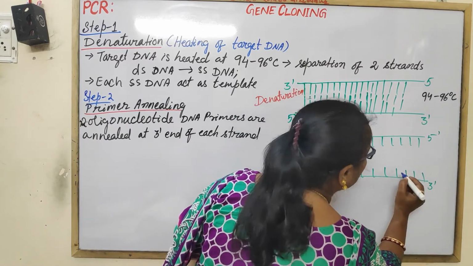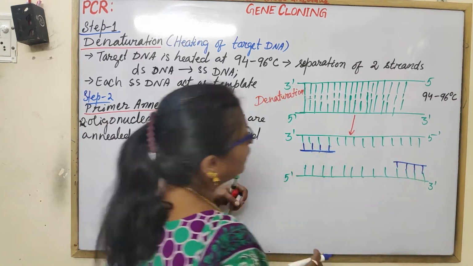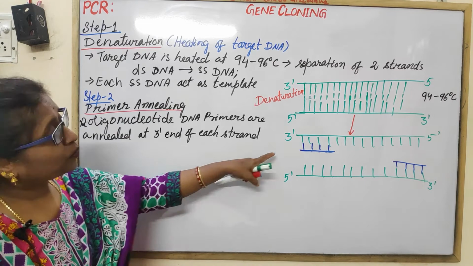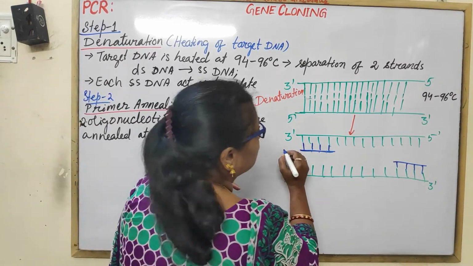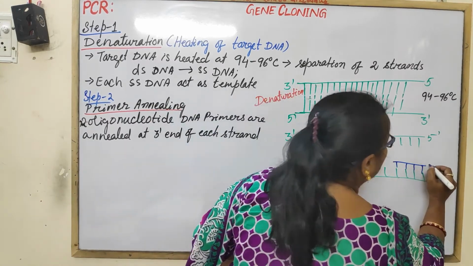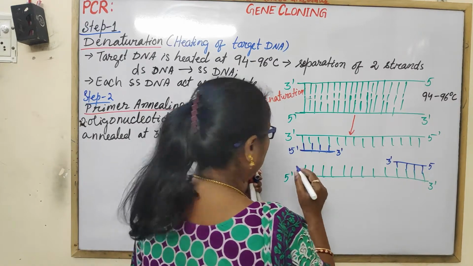Like this they are attached to the 3 prime end. This is 5 prime to 3 prime, 5 prime to 3 prime. These are the primers.